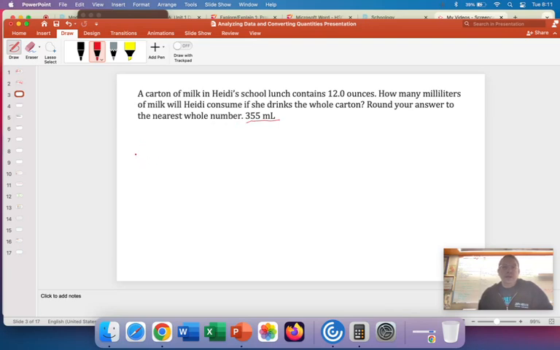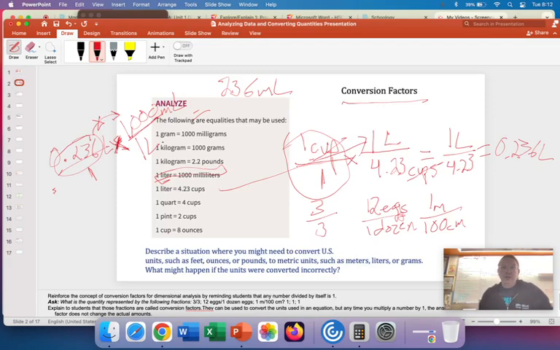If Heidi drank 12 ounces of milk, we would have to multiply this by a conversion factor that related ounces to milliliters. So let's use one of these equalities here. This one says 8 ounces is 1 cup.